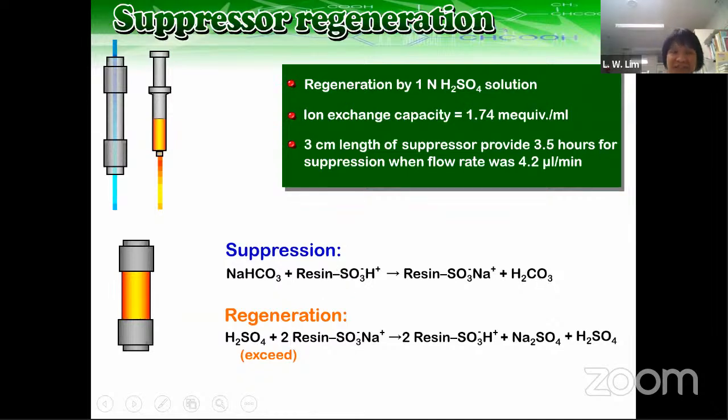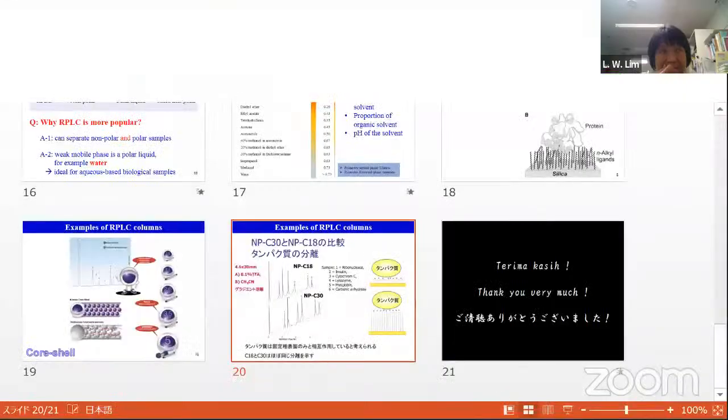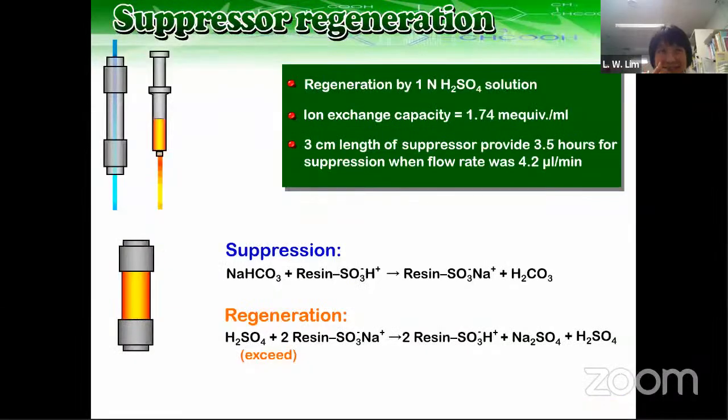It's almost the same material as a column, just we need something with a higher capacity. Usually the suppressor is not so cheap also.